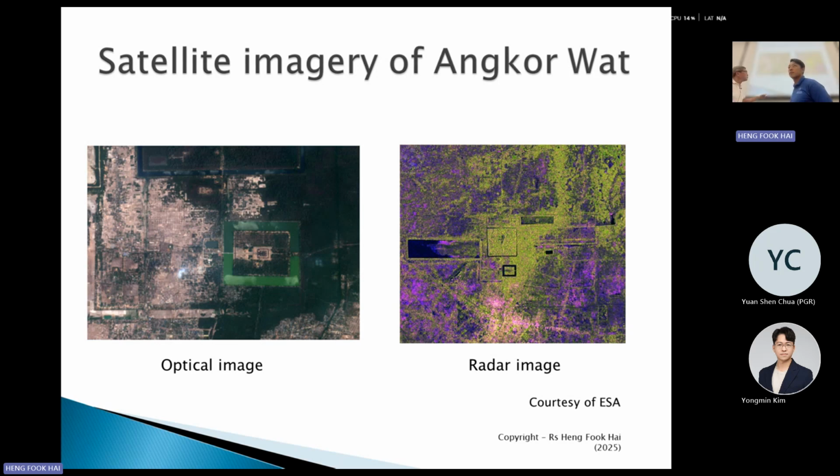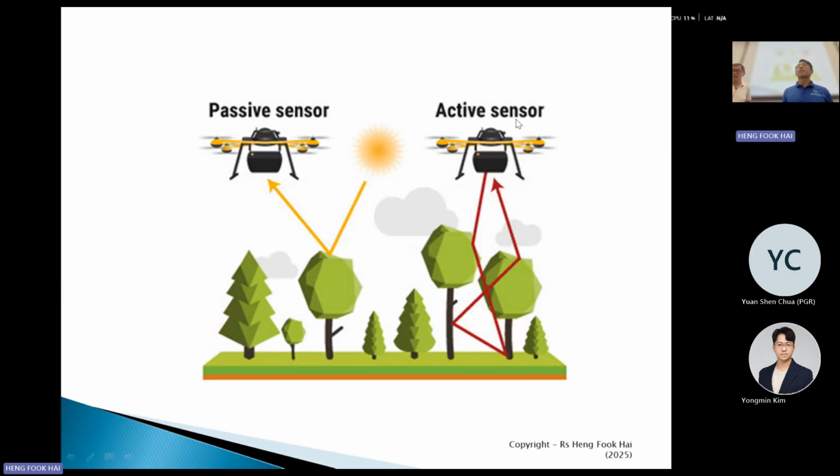Whereas if you are using radar, a microwave pulse, it will penetrate through the cloud and the vegetation all the way down to the ground. It will reflect back and the satellite sensor will capture all the details. So this is a better picture for you all to understand passive and active. Hopefully you all can understand this, right?